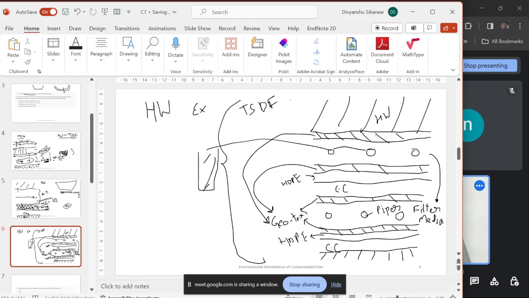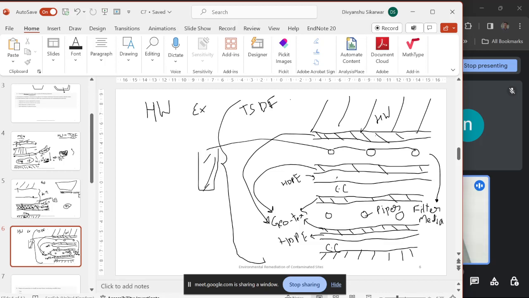All these are connected, and below this we have one geotextile layer again, right? And then we have an HDPE. So this HDPE is basically the first protective layer which is preventing this leachate from traveling into lower layers, and we have a clay layer after that.